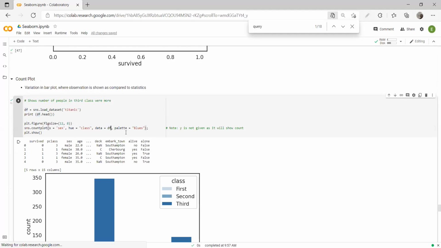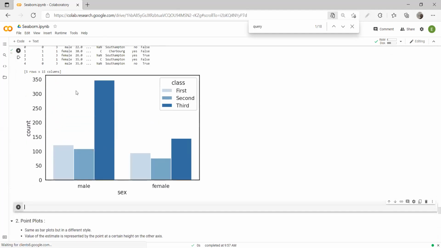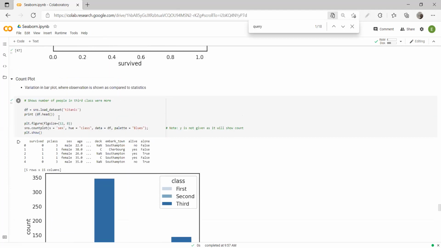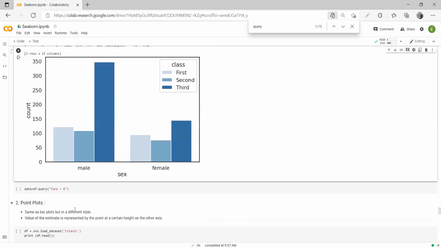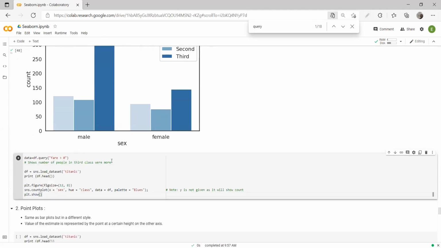Data frame, this is our data, right? So let me add a new cell. You want only for survived. So the number of people in third class are more. See, count of survived people, right?